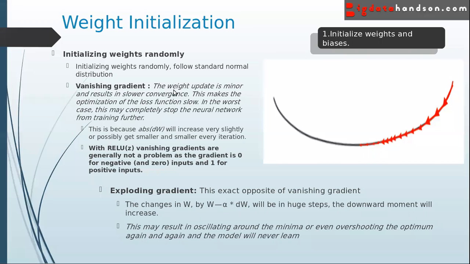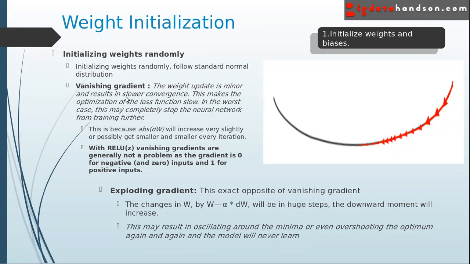So if our weight is assigned a low value, then the weight update is minor and results in slower convergence. This makes the optimization of the loss function slow, and in the worst case, this may completely stop the neural network from training further. This is the problem in the vanishing gradient.